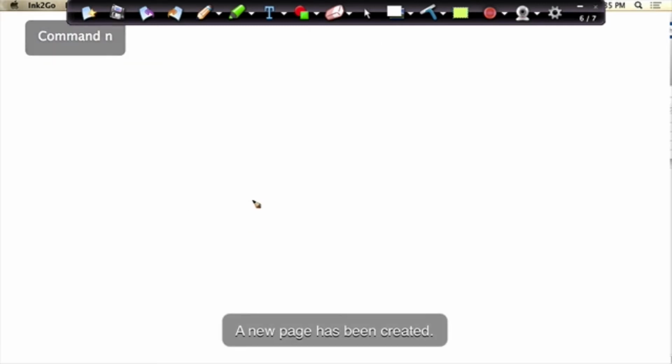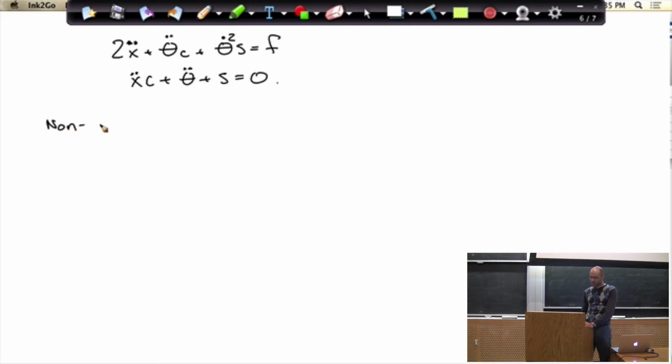If I have the same dynamics to begin with, my 2x double dot plus theta double dot c, right? So now I'm going to try to do the non-collocated feedback linearization.